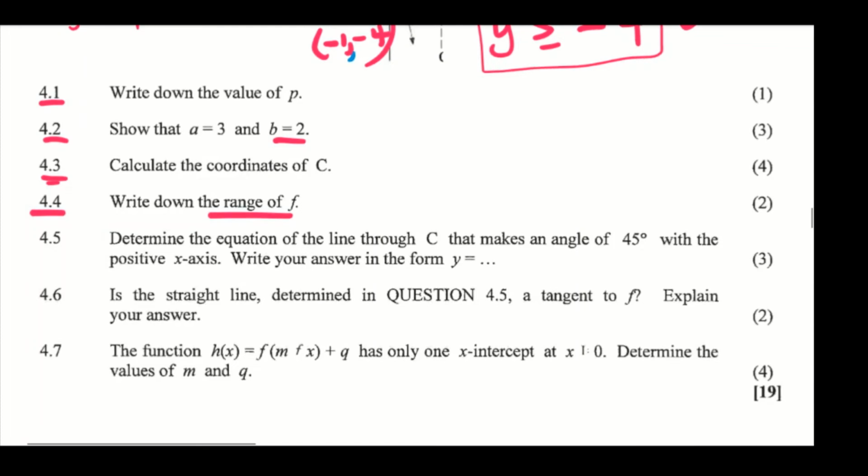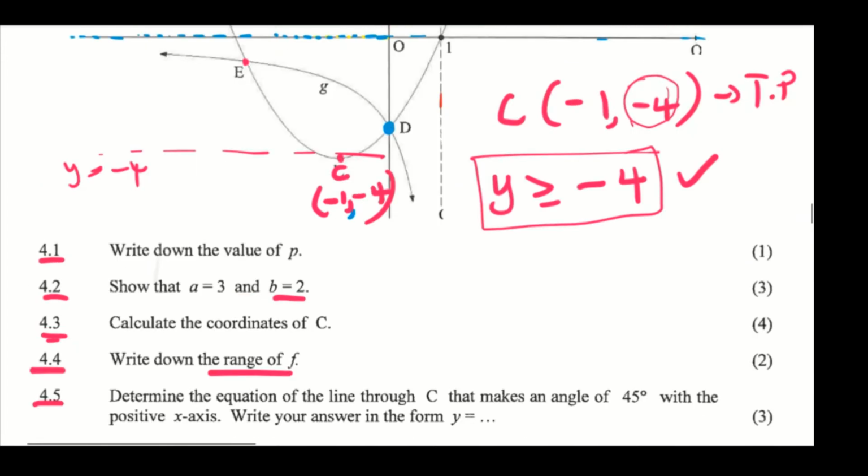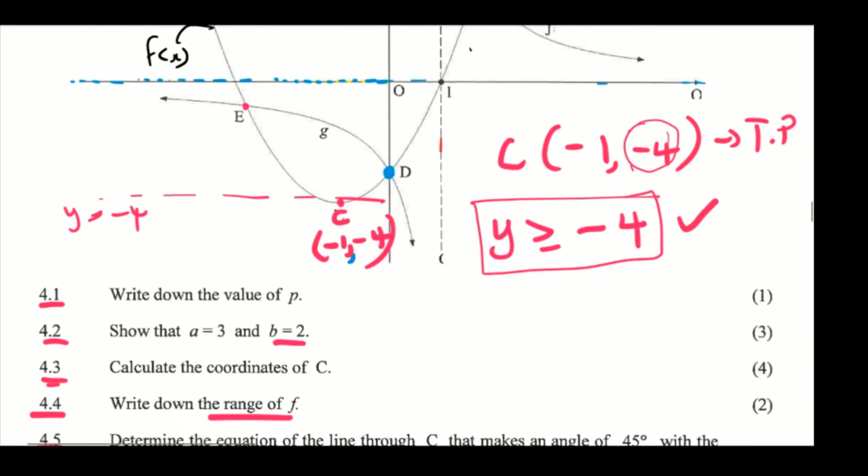And then we go to 4.5, where they say determine the equation of the line through C that passes at an angle of 45 degrees with the positive x-axis, right? So what are they saying here? So let me first erase.